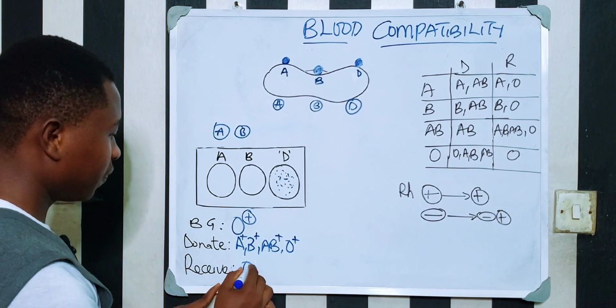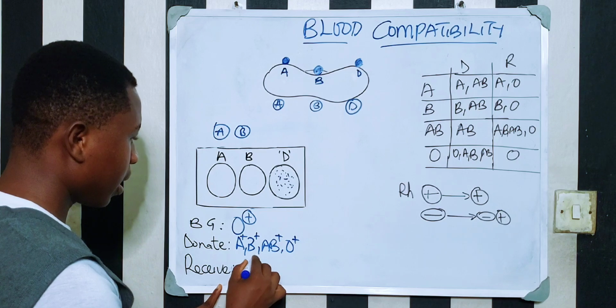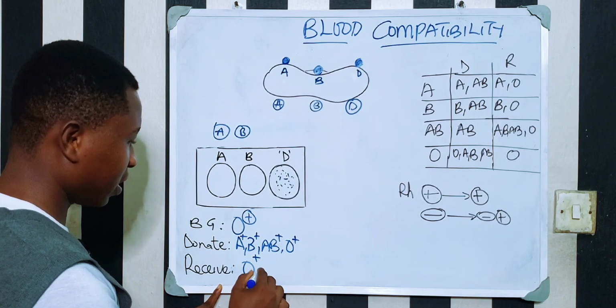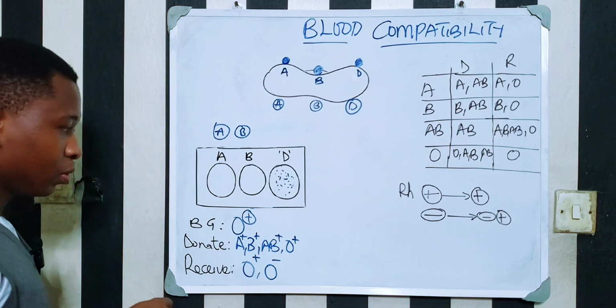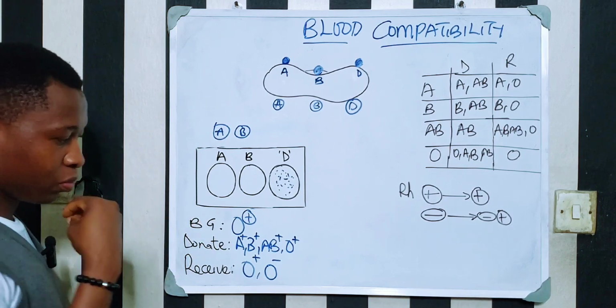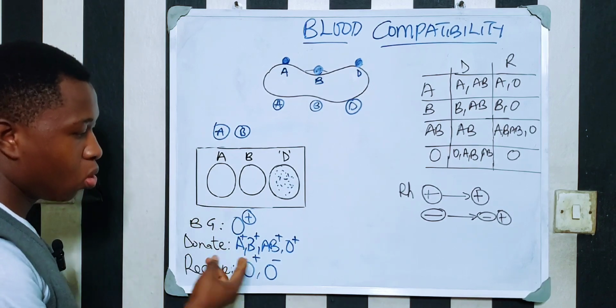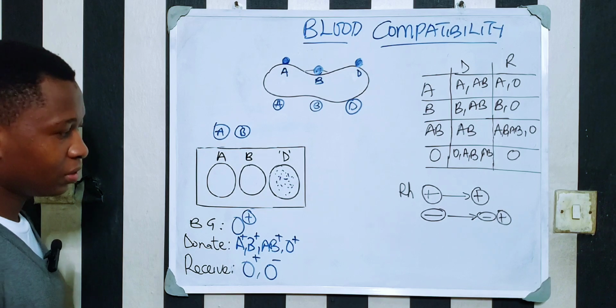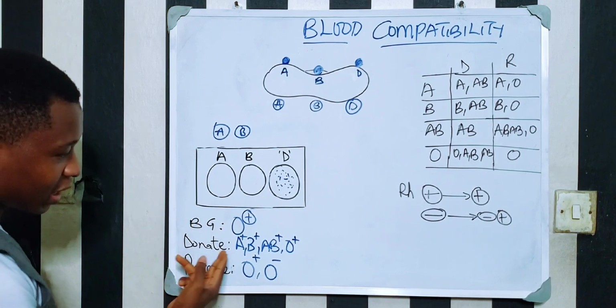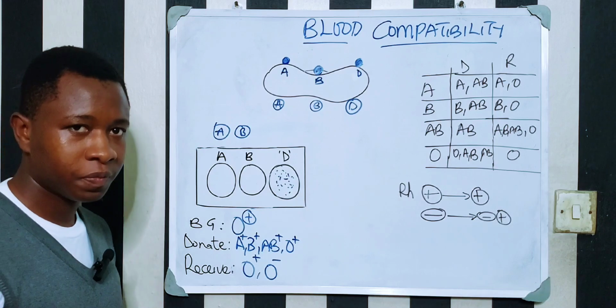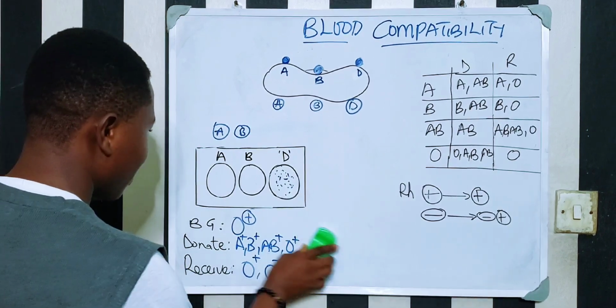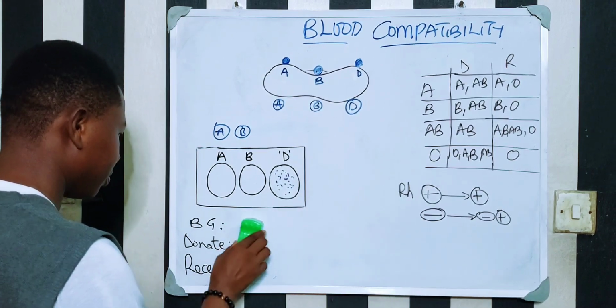So it can receive from both O positive and O negative. Okay, so an O positive blood can receive from both O positive and O negative. So if you have O positive blood, these are the people you can donate to, and these are the people you can receive from. Right? So let's move over to, I think, the last scenario.